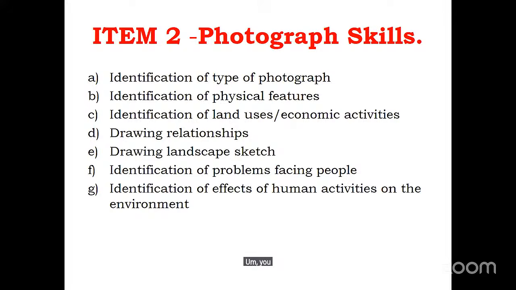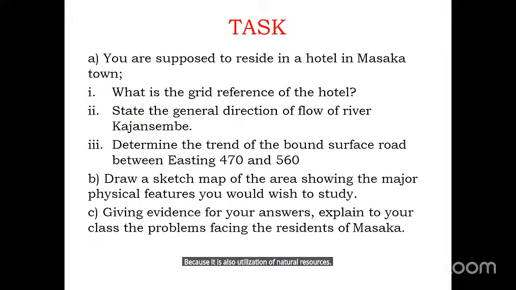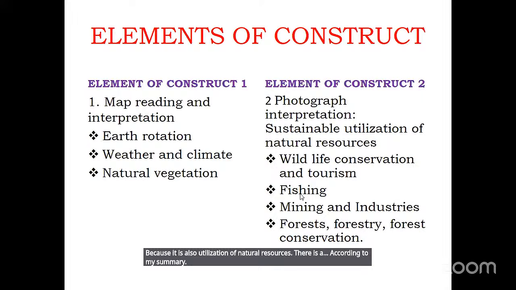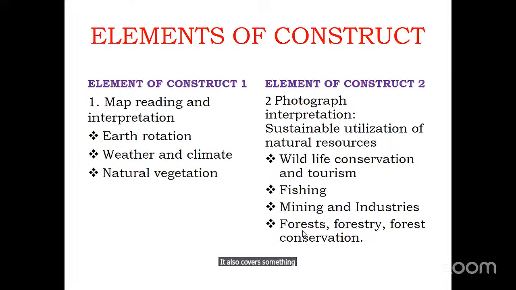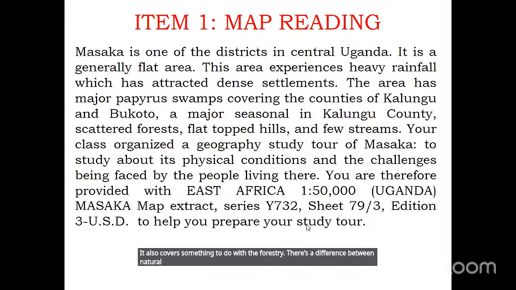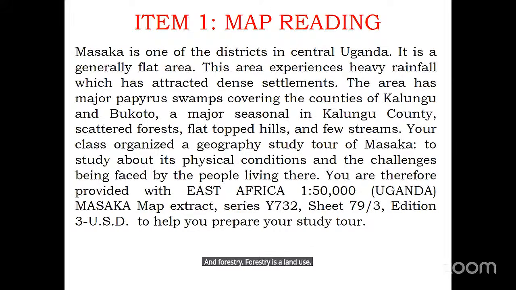You can also expect a photograph on agriculture, because it is also utilization of natural resources. According to my summary, it also covers forestry. There is a difference between natural forests and forestry. Forestry is a land use. We utilize natural resources.